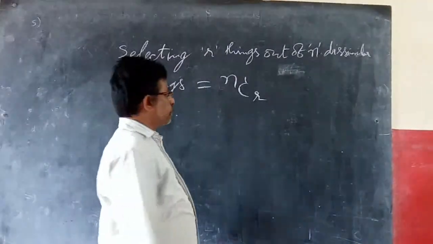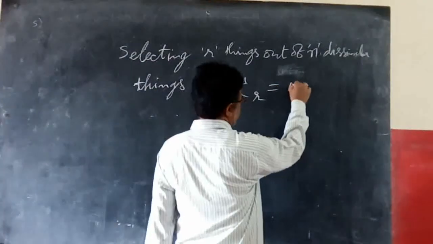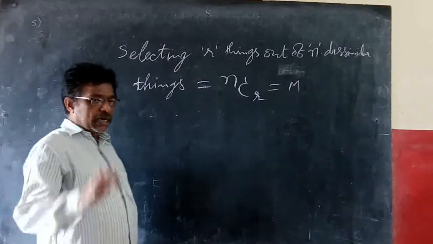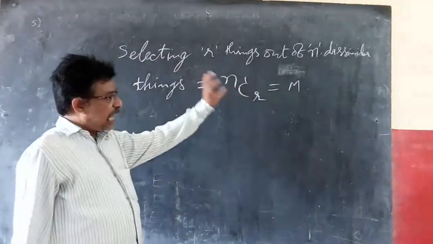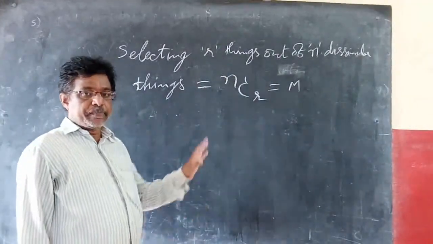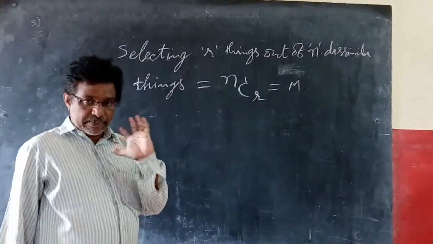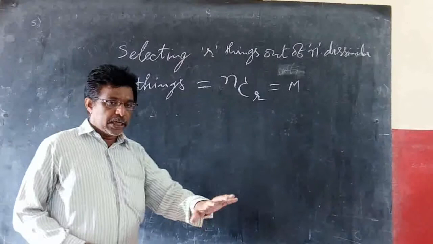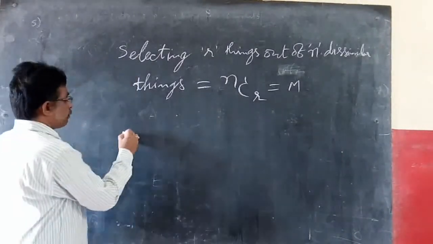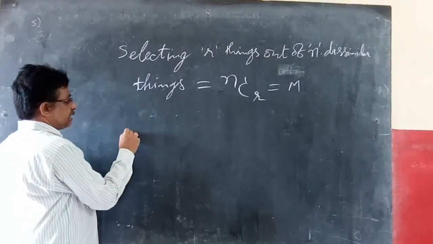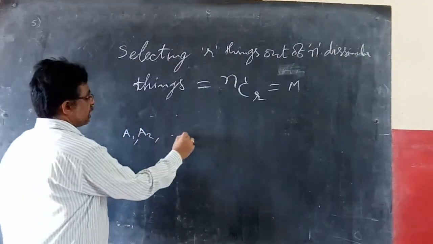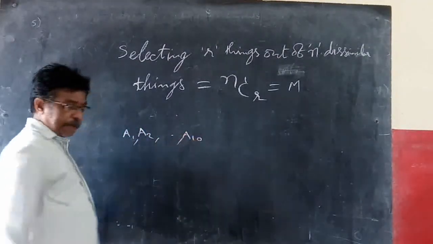We don't know the value of nCr. Let it be some m. Now, what I want to say is, I am picking r things out of n things. For example, 10 people A1, A2, A3 and so on till A10 are there.